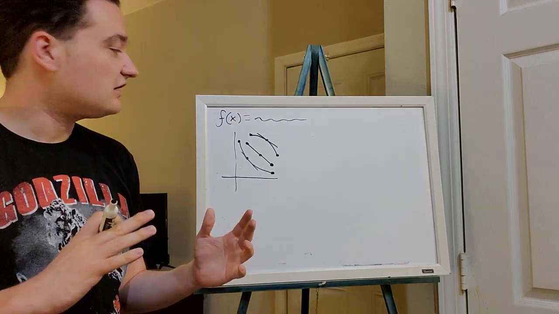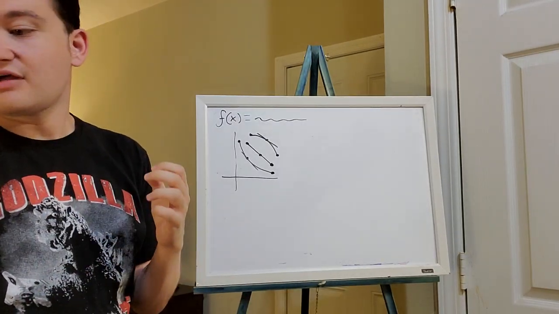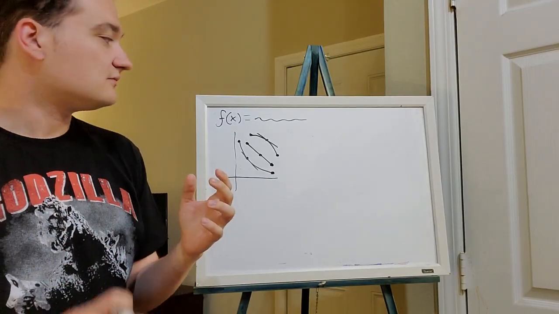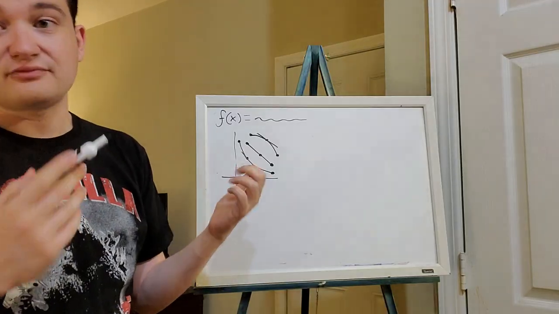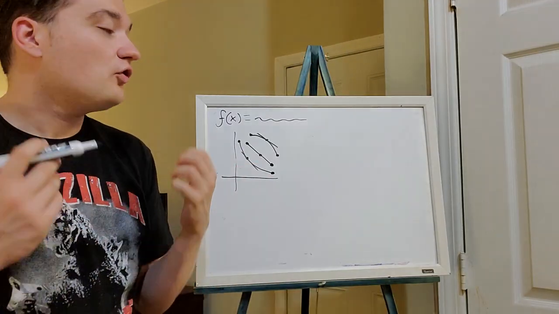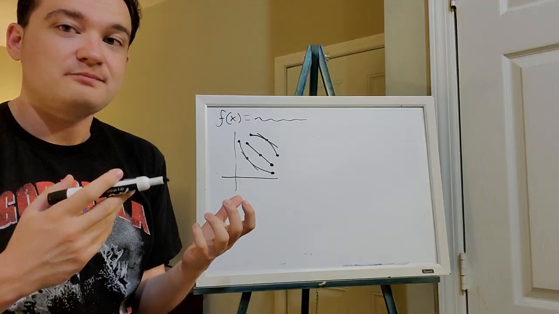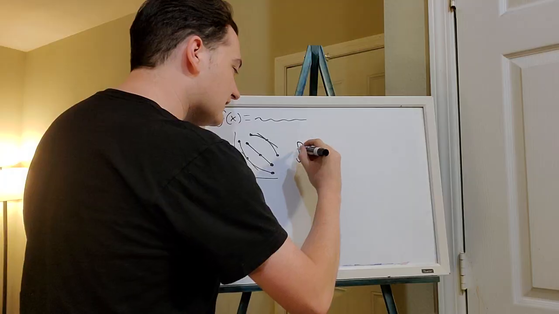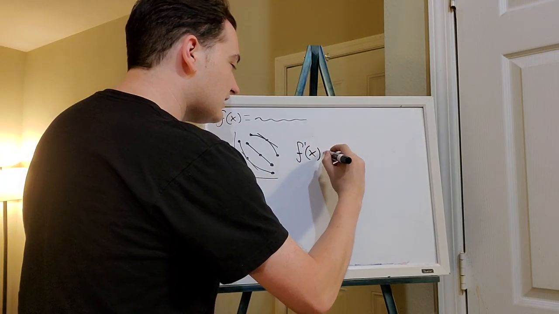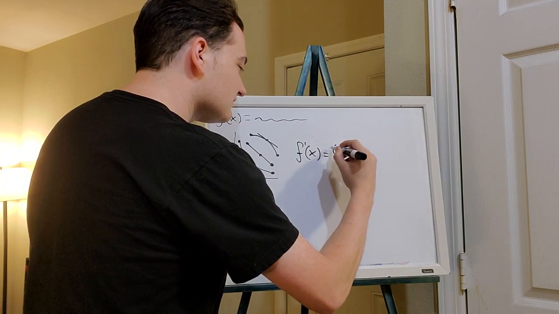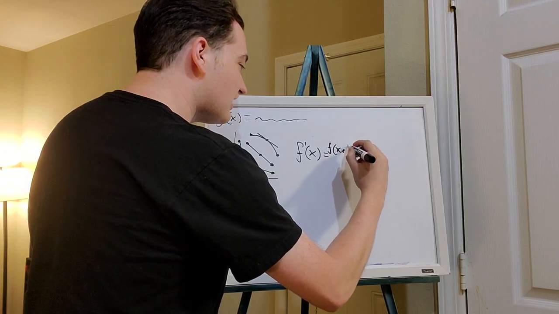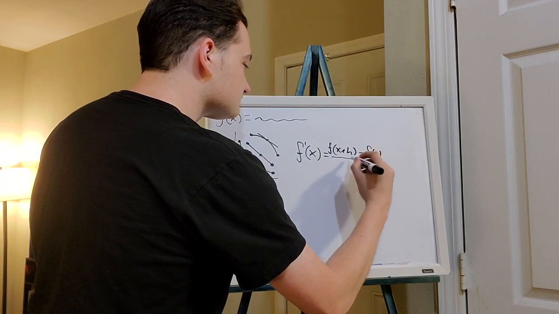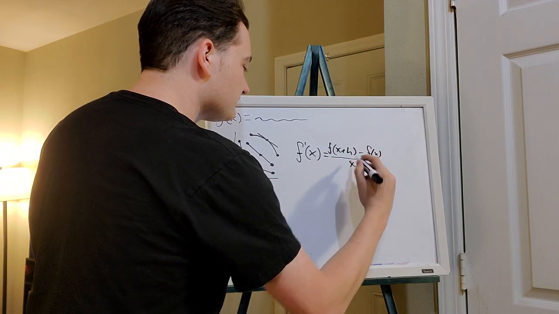Okay. Increasing, decreasing. Now, how do we tell if a function's increasing or decreasing? Well, we mentioned that it's related to the slope at a point, right? What's another word for slope at a point? The derivative. Remember how the derivative is defined. At any point, it is just the slope. Oops.